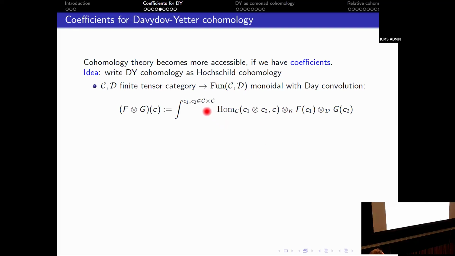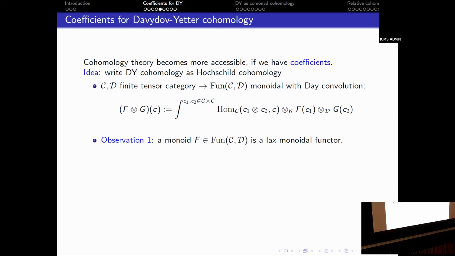So this is defined in terms of a coend, weighted by the hom spaces. This category of functors, not monoidal functors, but of functors, becomes monoidal. And if you are in a monoidal category, you ask what are the monoids in the monoidal category, and the monoids are just lax monoidal functors.